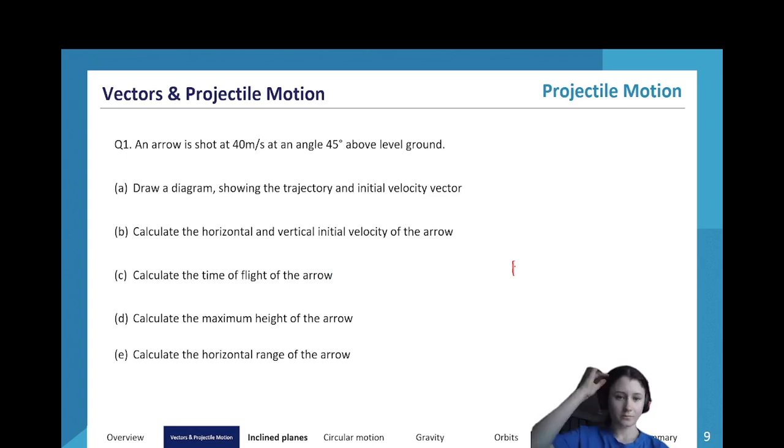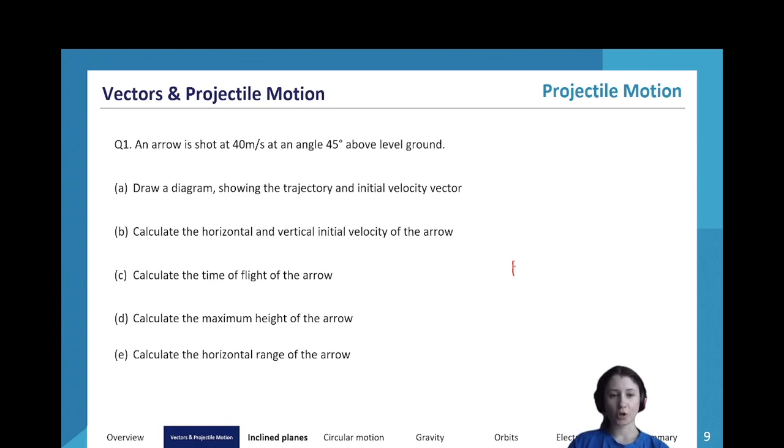So now let's get into a few examples here. For this example, we have an arrow being shot at 40 meters per second at an angle of 45 degrees above level ground. So the first thing we're going to do here is identify which of these values this information correlates to.